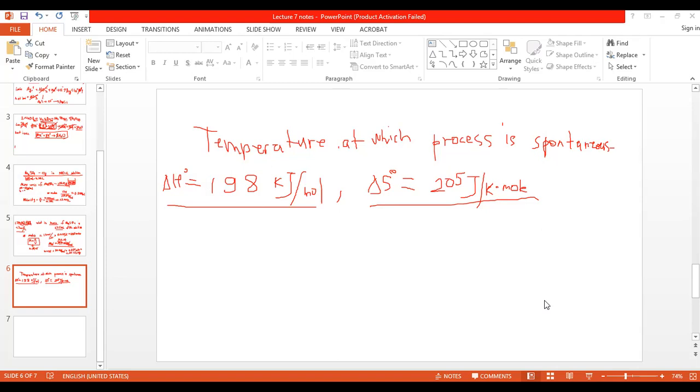Automatically spontaneous is a process when enthalpy is positive and entropy is negative, then it's spontaneous at any temperature. But when both of them are positive, it's not automatically spontaneous, so then we need to find the temperature.